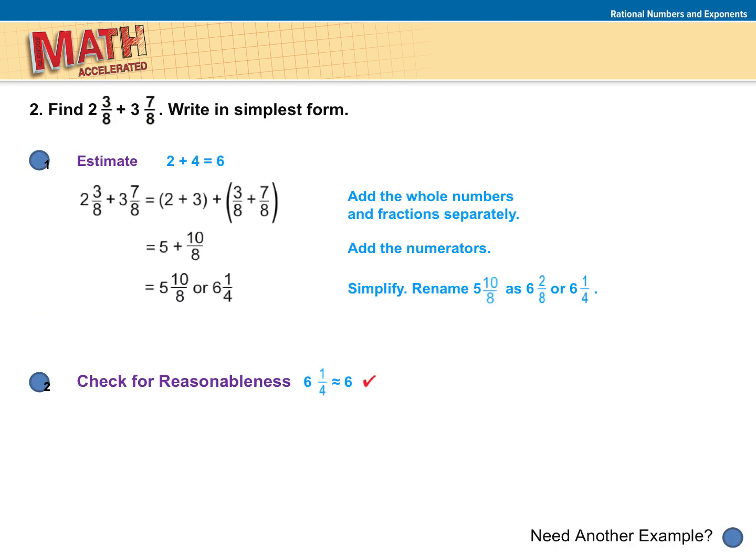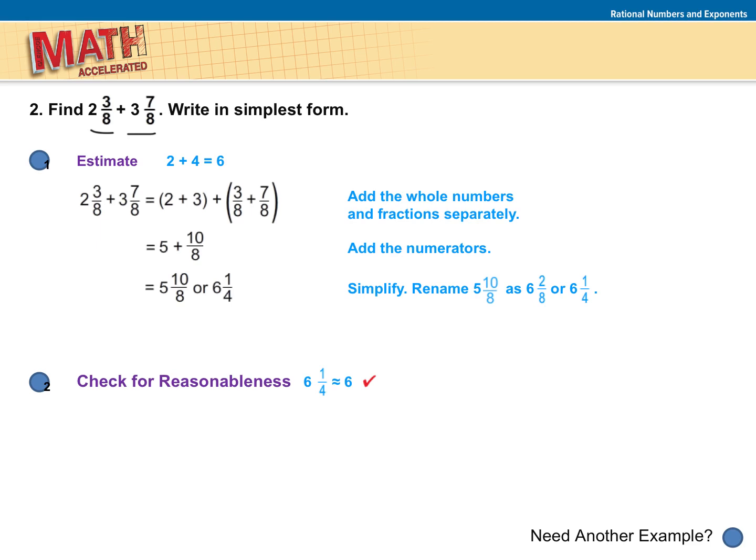Okay? Now, what kind of numbers are these? Mixed numbers. So I have whole numbers and I have fractions. Now, when we had mixed numbers with multiplying and dividing, what did we do first? We made them into improper fractions. With adding and subtracting, you do not want to do that.